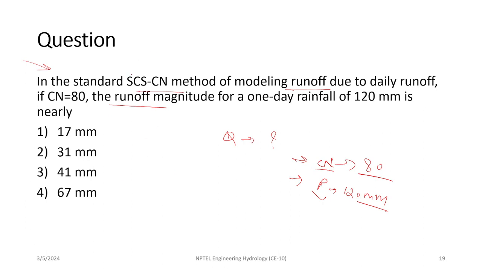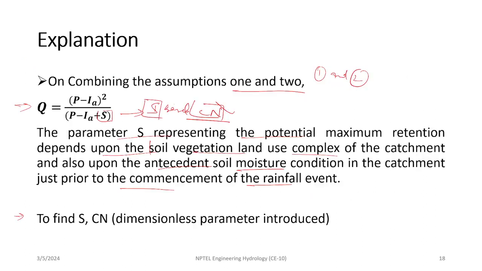Tell me the approach, how the SCS-CN method can be applied and we can quantify Q. I want to know what are the relevant formulas which we can go through. Ashish, any idea regarding this? No idea. Okay. Just now in the previous slide, I mentioned one formula.